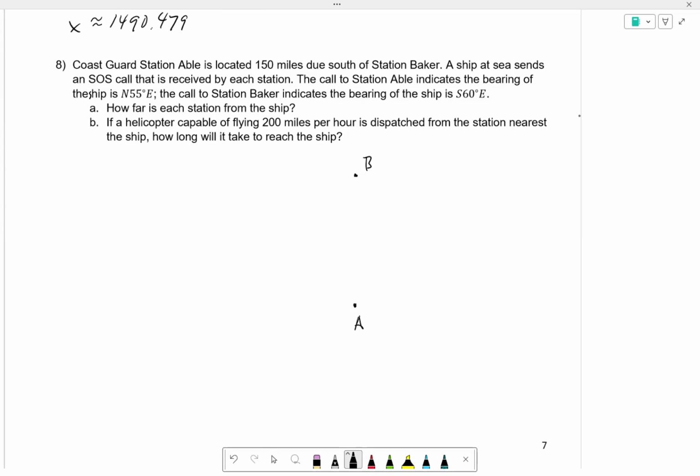So from Station Able, you start at the north and you go 55 degrees east. We don't know how far it is. That's the whole point of this problem, but it's somewhere in that direction.